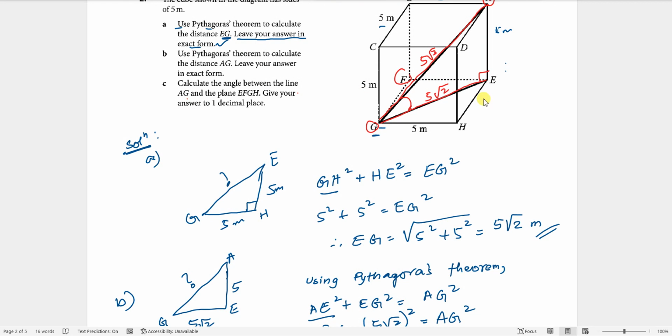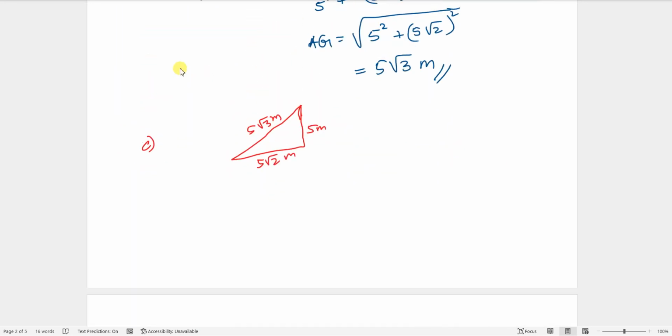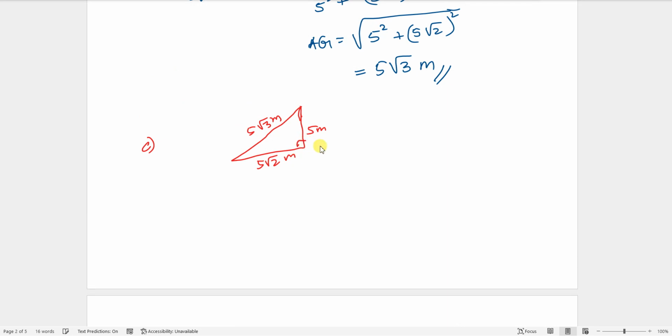So here you see, let's solve it. This is 90. And they have asked us to find the angle G. Oh, forgot to label G, E, and F. So they have asked us to find this angle.